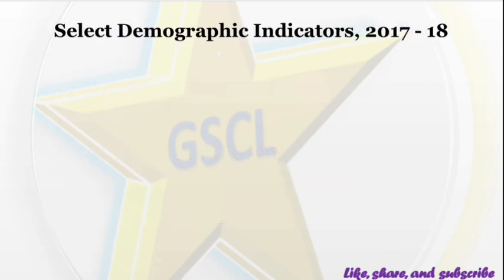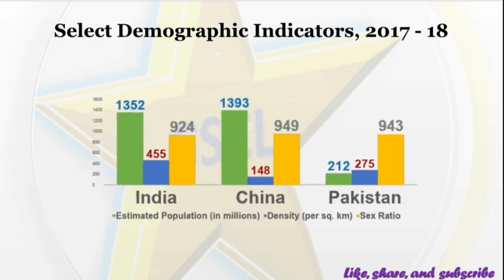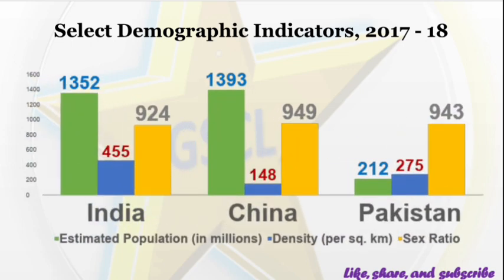Let's start with indicators related to demographic profile as published in World Development Indicators 2019. When we say demography, the first thing under it will always be population, the number of people belonging to a particular country. Here, green pertains to the estimated population.